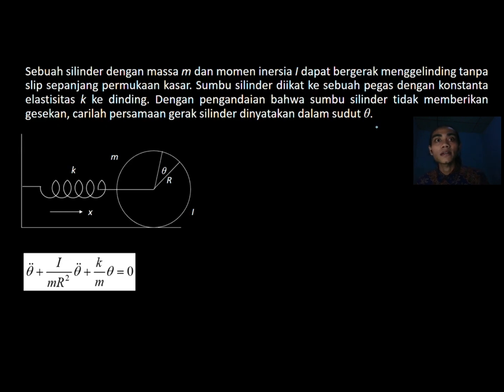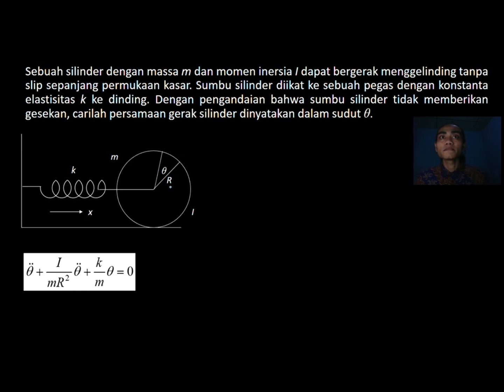In this case, we have k, which is the constant of the spring, and of course the cylinder moves in the positive x direction to the right. The cylinder has mass m and radius r.